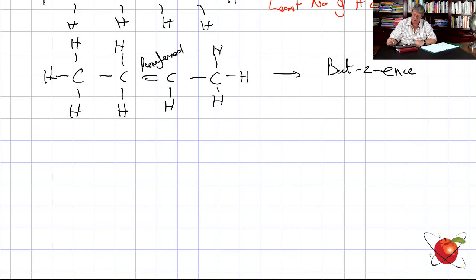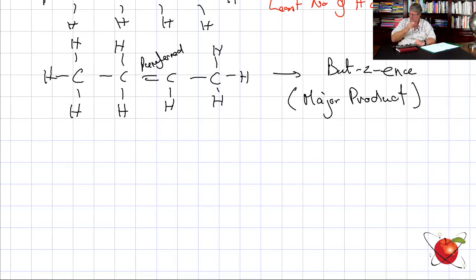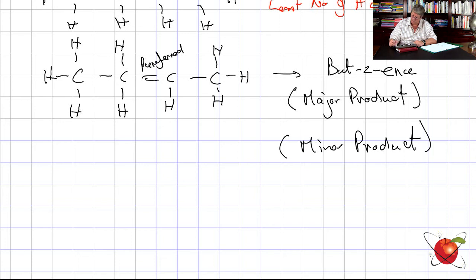The secondary one that will be produced would be 1-butene. This is called the major product. And the minor product is going to be 1-butene, which would be this one here.